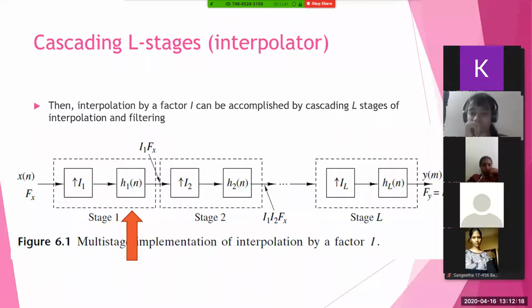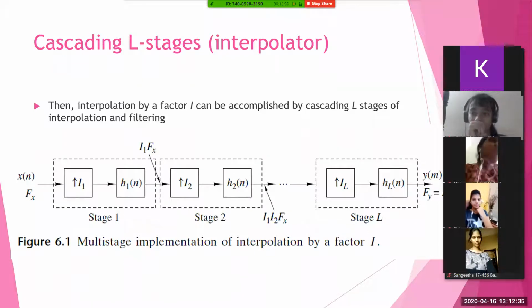As you can see, it is pointed by the arrow here, that is stage 1. Since it is an interpolator, we have an upsampler followed by a filter. That filter's impulse response is written here.